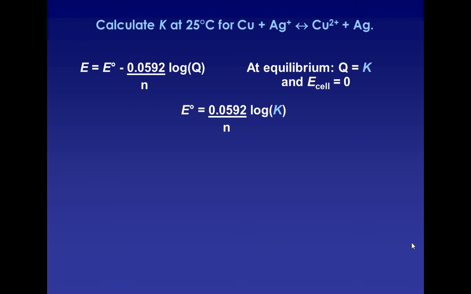If you go back and look at these two half reactions, we saw previously that 2 moles of electrons were being transferred as copper formed copper 2 plus ions, and as 2 silver ions produced 2 silver atoms. So the voltage for that was 0.462. Again, if you go back and look at when we calculated cell potentials previously, you'll see that.